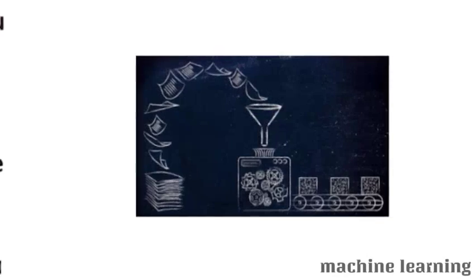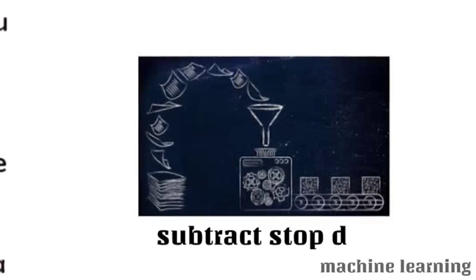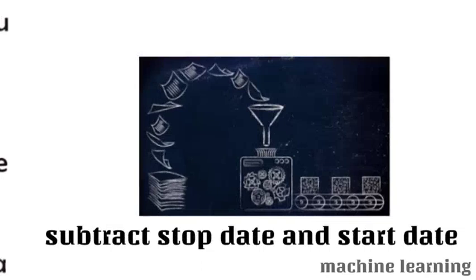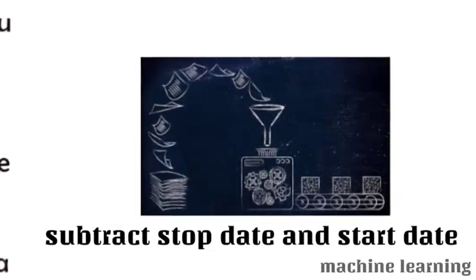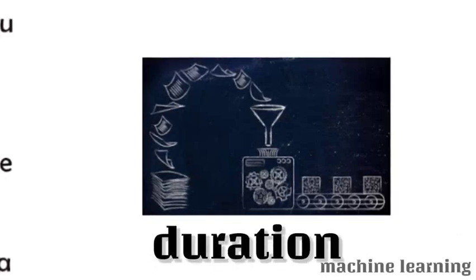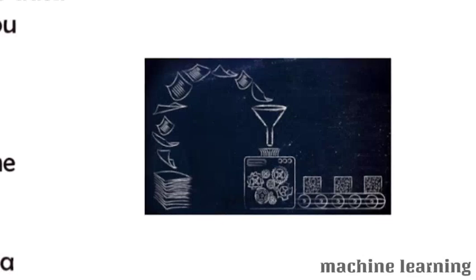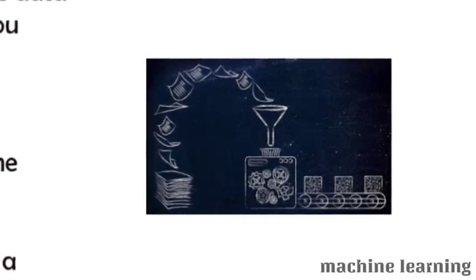The ultimate goal here is the duration. So instead of having a start date and stop date, we can just subtract the start date from the stop date, and after subtracting we will get the duration. Once we receive this duration, the same thing can be given in a single column. Now prediction and training of the model is very simple: certain task, certain duration, so predict the duration for different tasks. So that is data transformation.